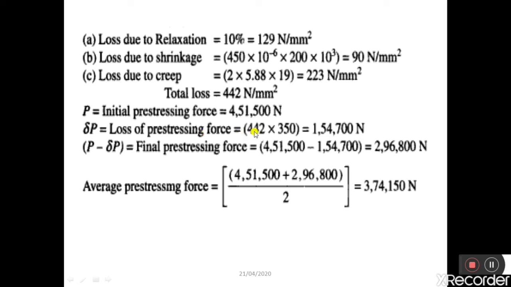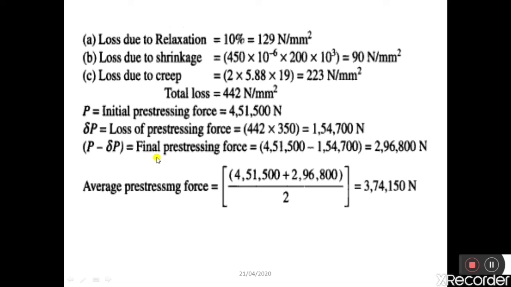That is 442 into area of the cable. 442 is the total losses of prestress, multiplied by the cross-section area of a cable, we will get the loss of prestressing force, that is delta P. So that is 1,54,700 Newton.